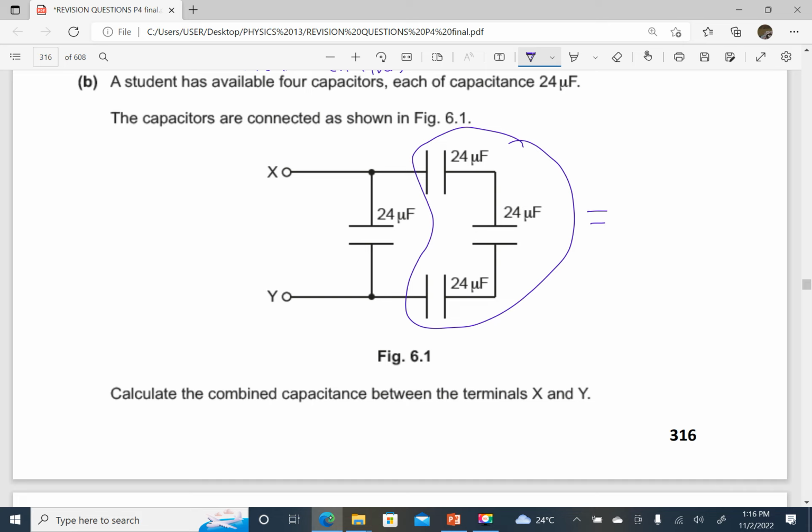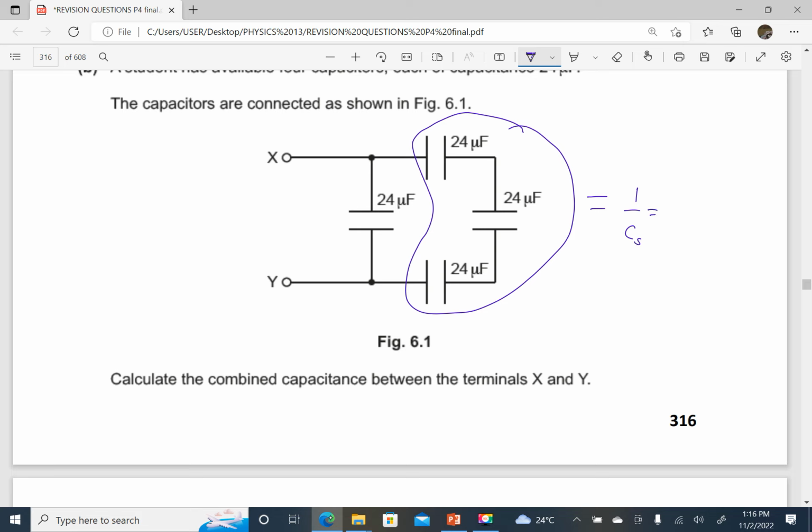For the capacitors in series, 1 over total capacitance in series is going to be 1 over 24 plus 1 over 24 plus 1 over 24, which gives us 3 over 24. That is 1 over capacitance in series.